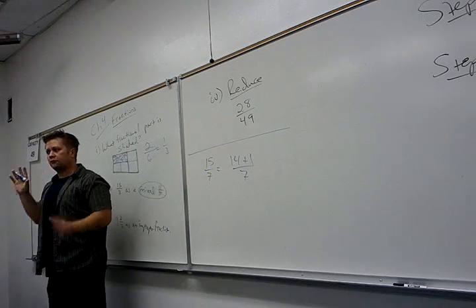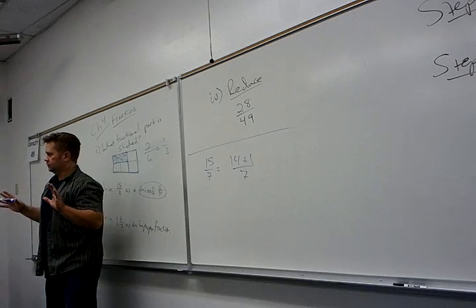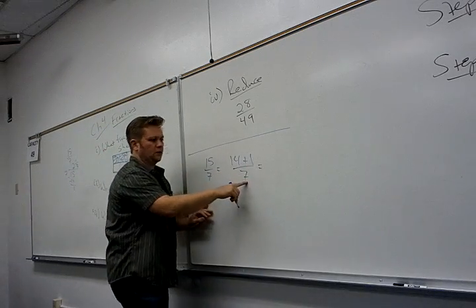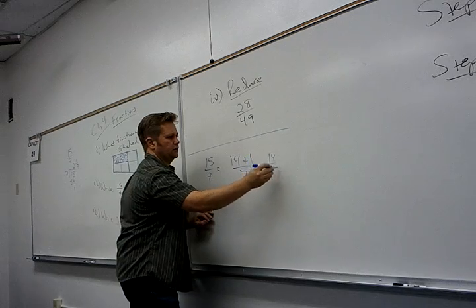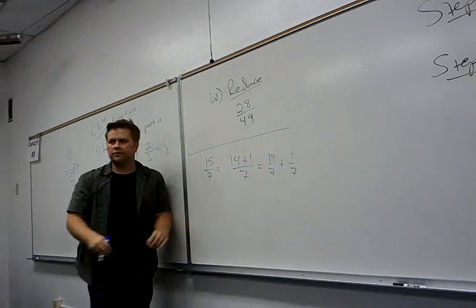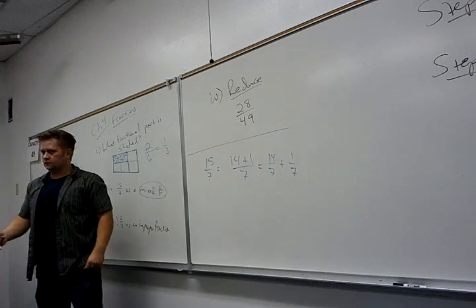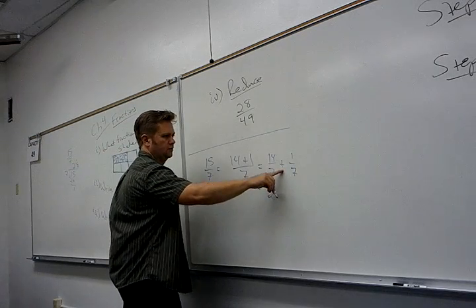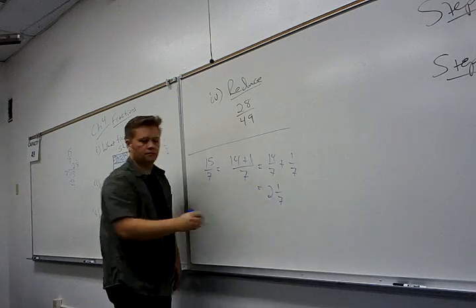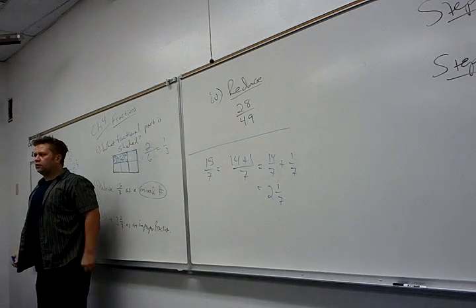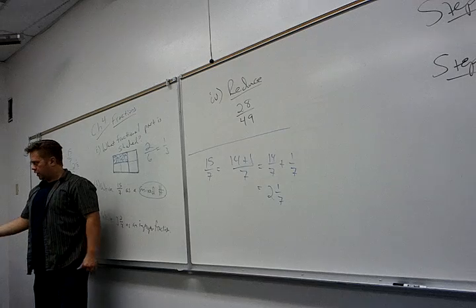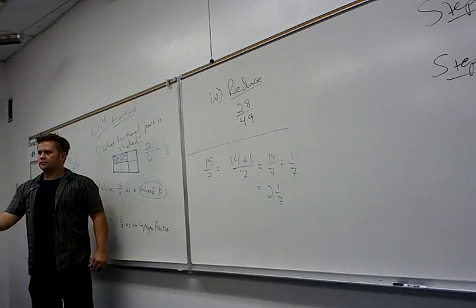So I could write that, and then I could split them up. What's being divided by 7? 14 is being divided by 7, and 1 is being divided by 7. So 14 divided by 7 is 2, and 1/7.